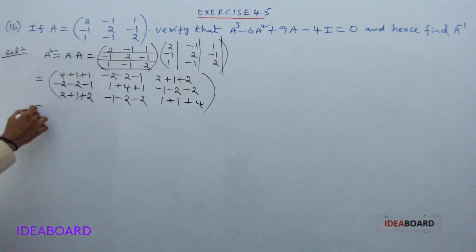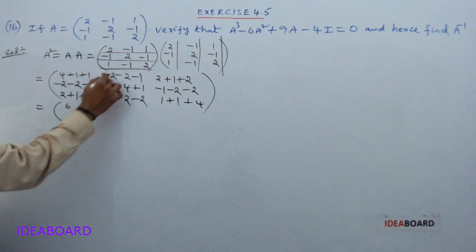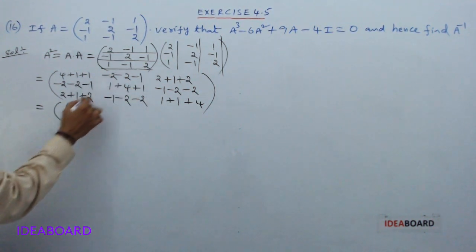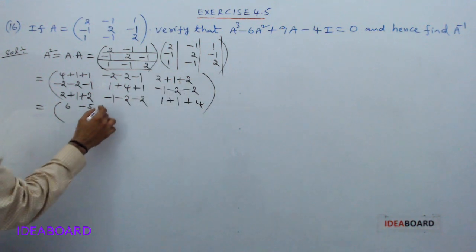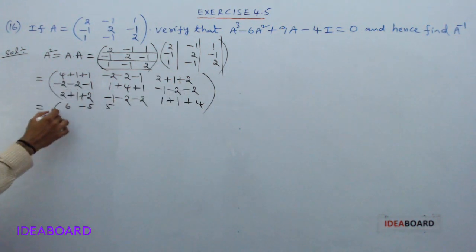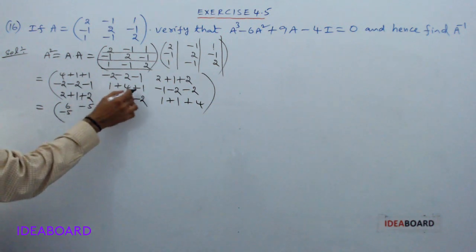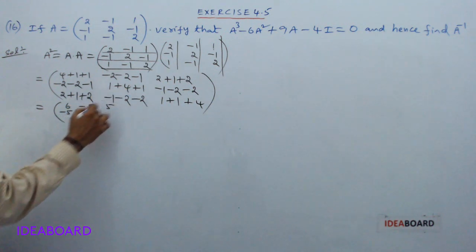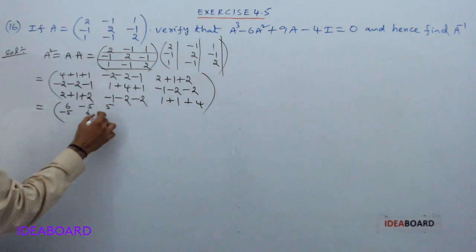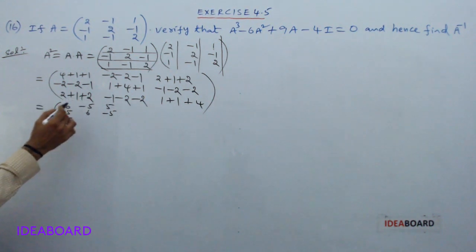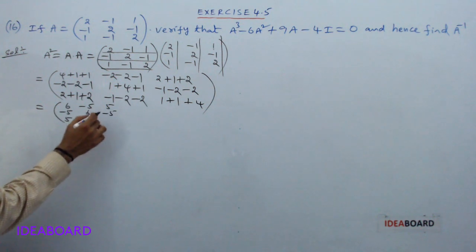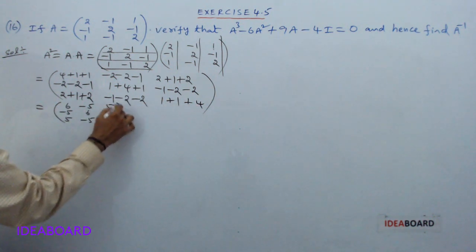So we have 6 minus 5 5, minus 5 6 minus 5, 5 minus 5 6.